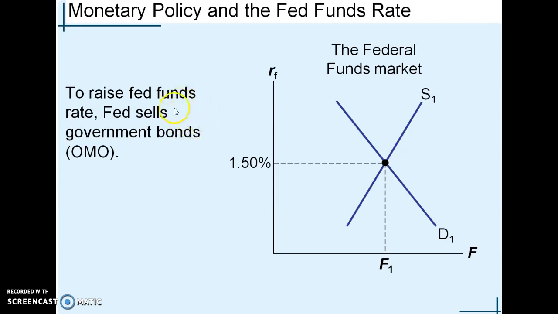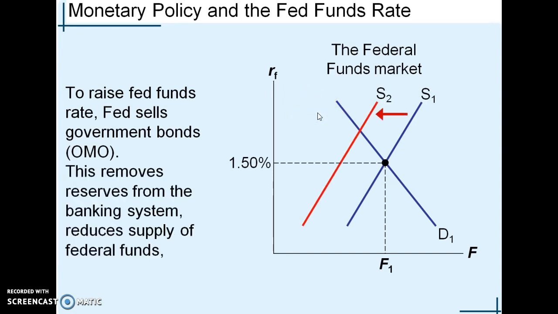If they sell bonds to Bank of America and M&T, all of a sudden Bank of America and M&T have more bonds and less reserves, because the Fed traded them the bonds for money or cash. So the cash leaves the banks and goes to the Federal Reserve. The Fed is reducing the money supply in this case, so there's less supply of money. If banks have less reserves, then they lend those reserves to each other at a higher rate. Anytime there's less supply of something, the price has to increase.